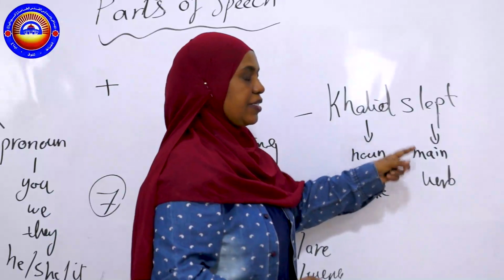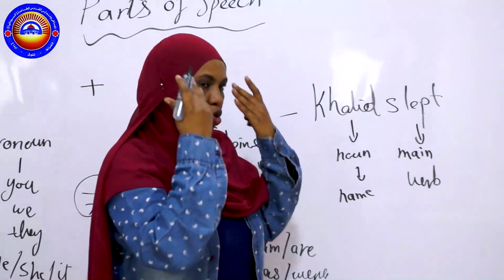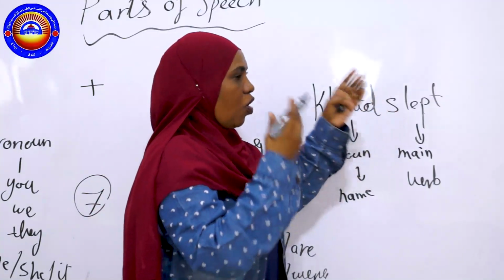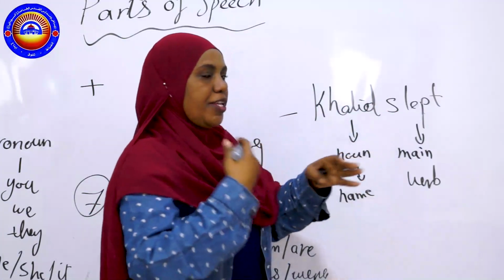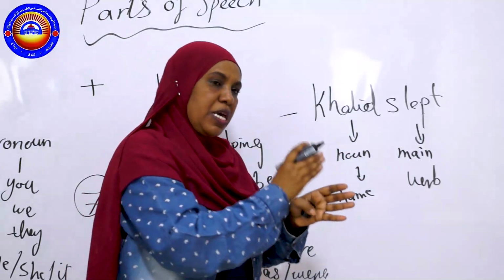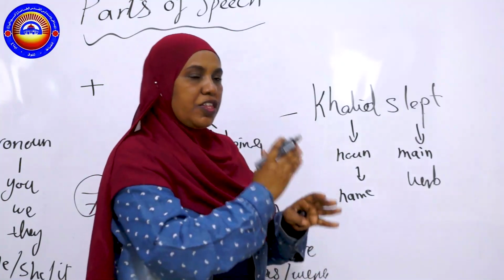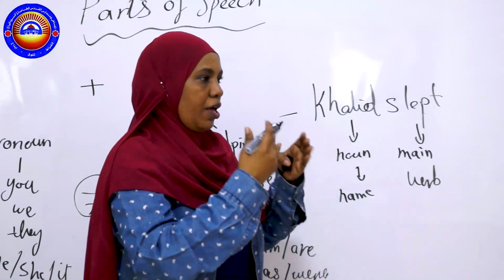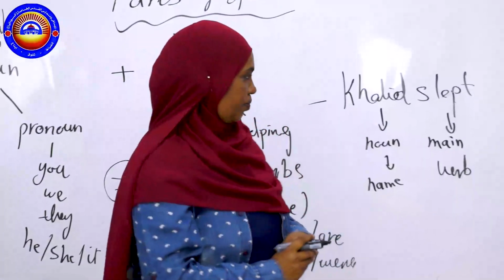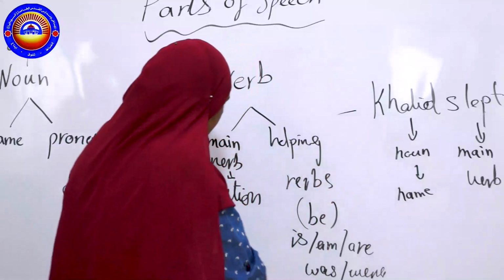Because slept here is an action that you can see or an action that you can know. When I say slept, you go immediately to your mind, ask your mind about this action, and you are going to have it. It is not the same as the verb drink, like the verb hunt, like the verb run, like the verb play. Every one is an individual action. So this is a main verb containing an action.